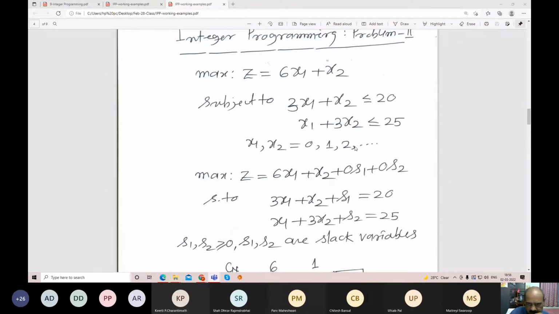Okay, so for this problem, can you guess the solution? What is the maximum value? Without solving, can you guess? Your guess is correct. Tell me, what should be the correct answer?